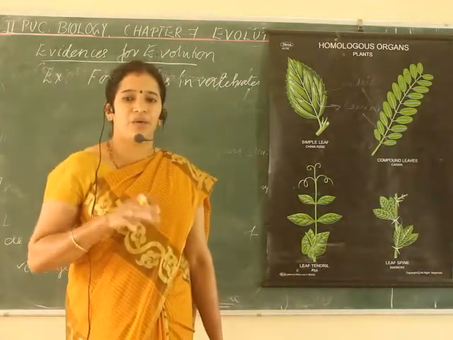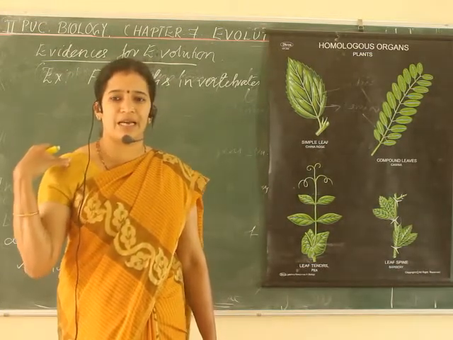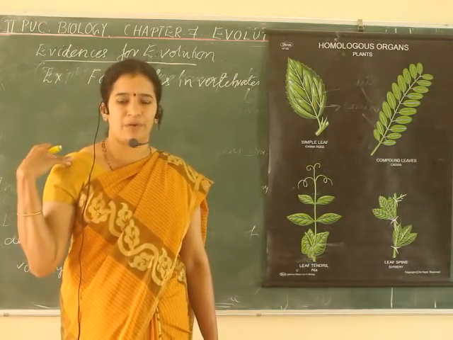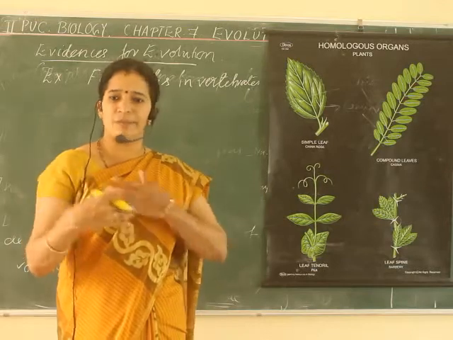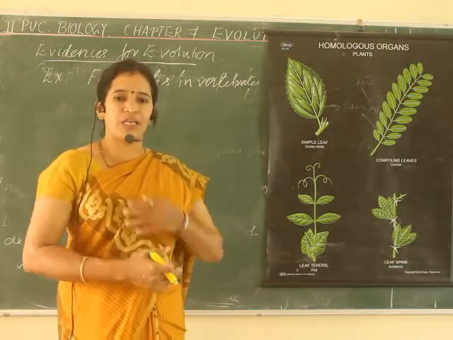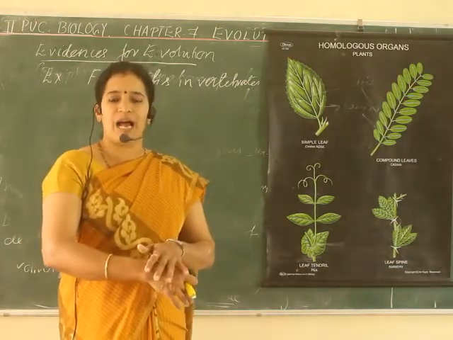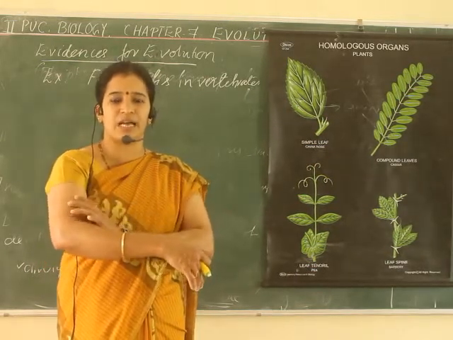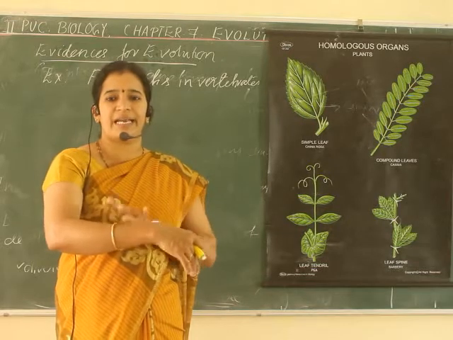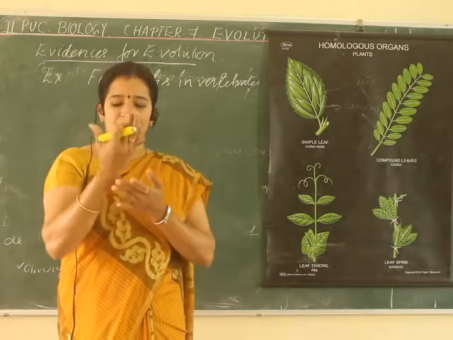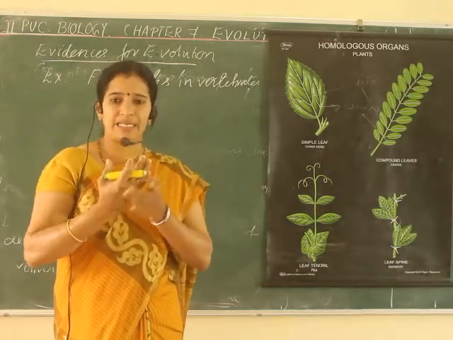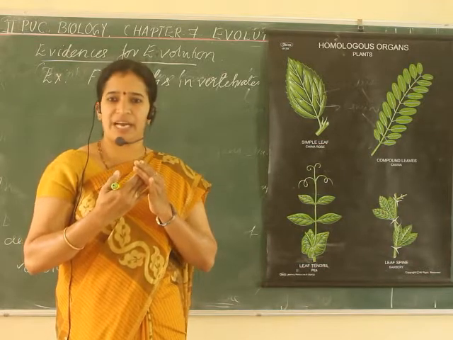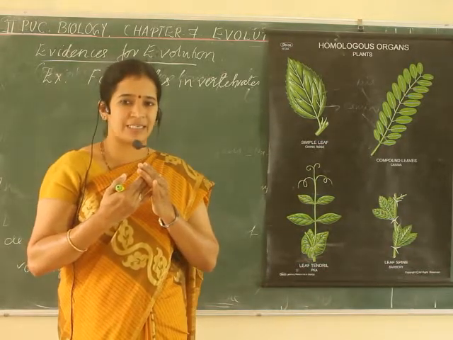If you take the forelimb of man, our hand, it is made up of humerus, radius, ulna, carpals, metacarpals and phalanges. You have studied this last year in the skeletal system.